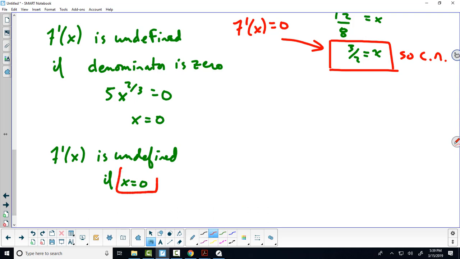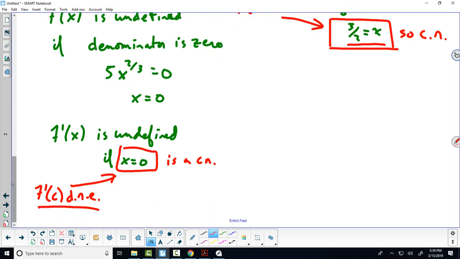So x equals 0 is also a critical number. Okay? But this is because this is where f prime of c did not exist. Okay? So the justification for why x is equal to 3/2 is a critical number, and the justification as to why x equals 0 is a critical number, those are two separate justifications.